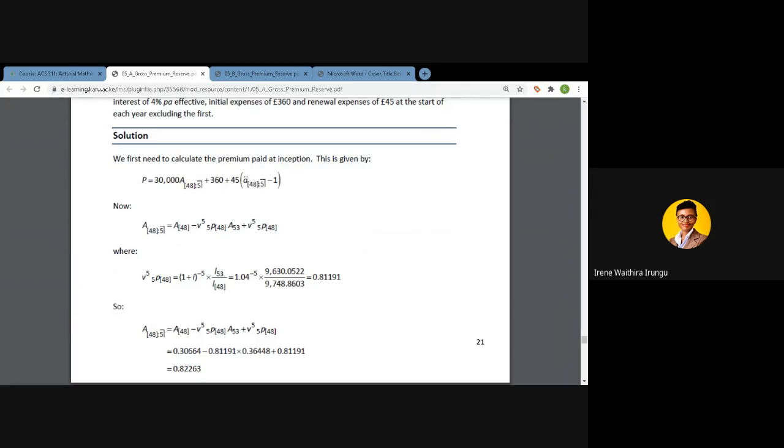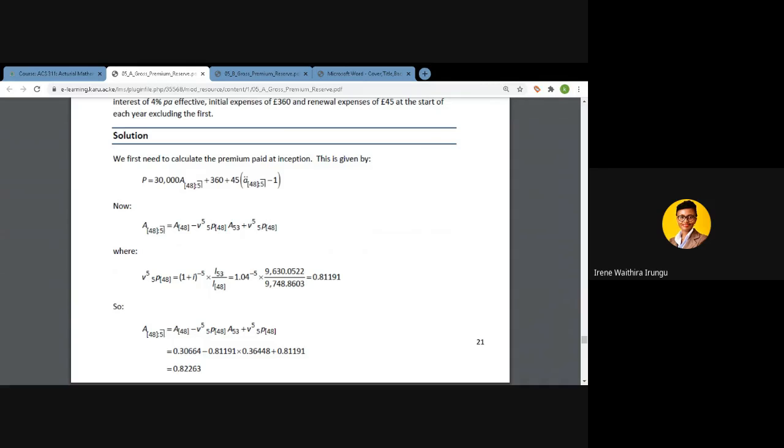So once you get to 2 and above, the life ceases to be select with respect to this AM92 table. And therefore you'll use A53 and not A53 select. So I hope that distinction is very clear.